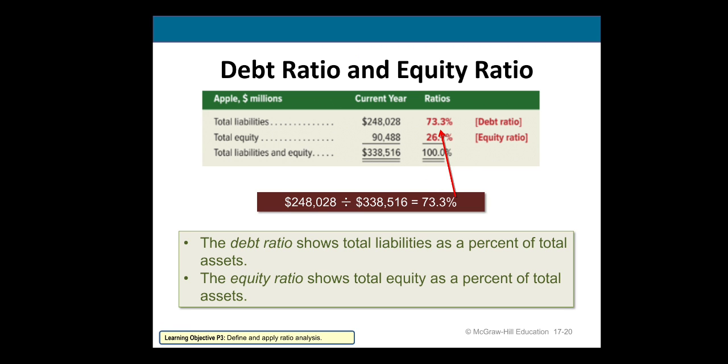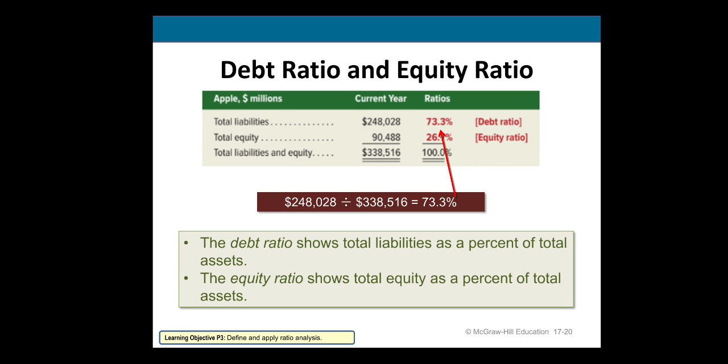If you look at the sample income statement and balance sheet that you can see at the beginning of the slide for this topic 6, you will see that the total liabilities of the business is 248,028.